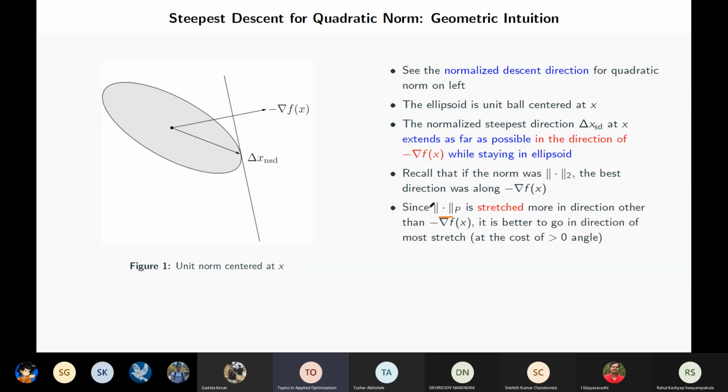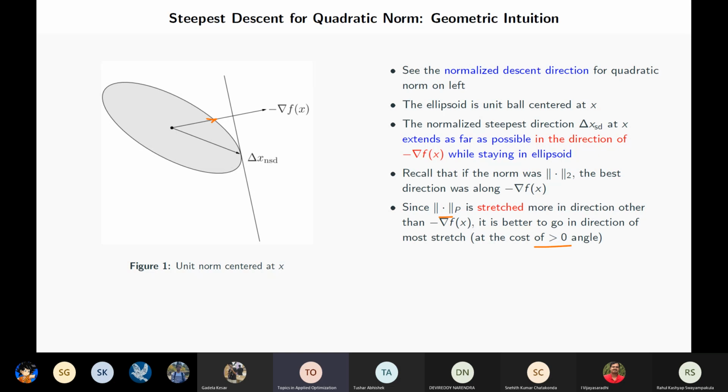Now, since the norm is stretched more in a direction other than minus grad fx, in this eigenvector direction, which corresponds to the largest eigenvector, where it is stretching more, it is better to go in that direction of most stretch. But what will happen is that you are indeed increasing the angle.